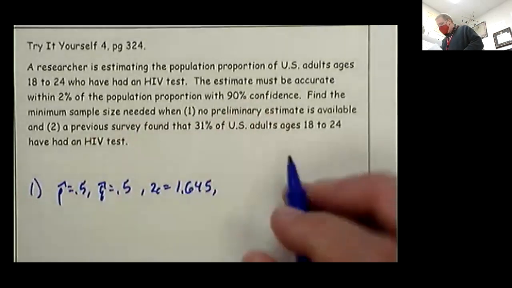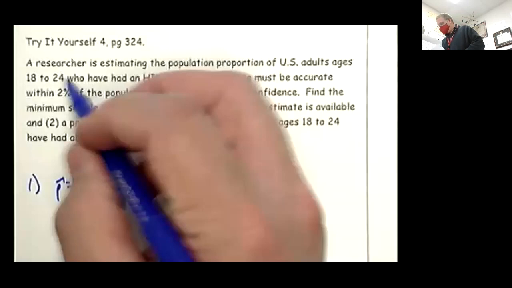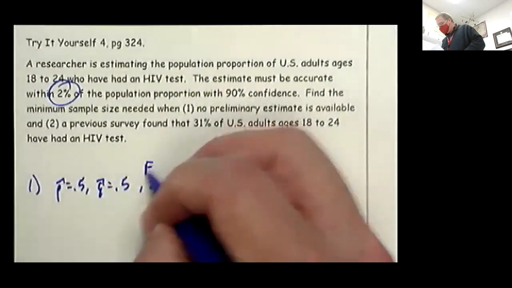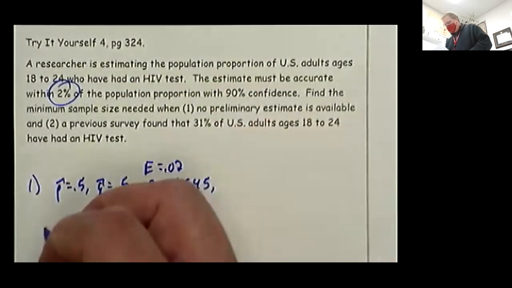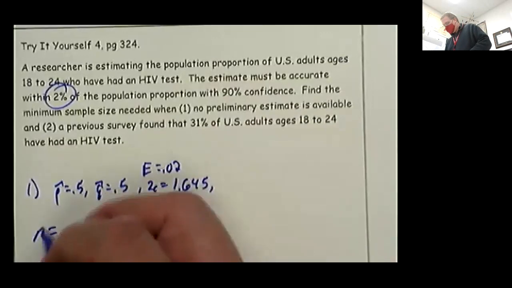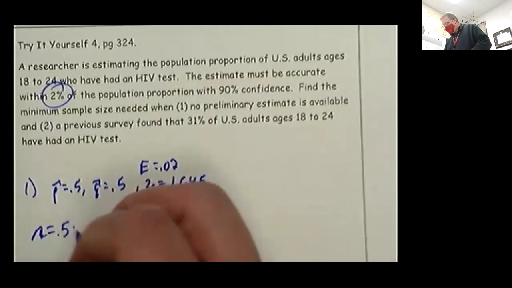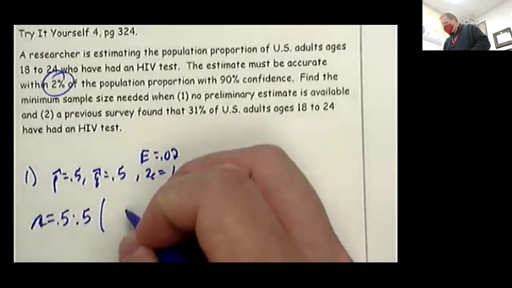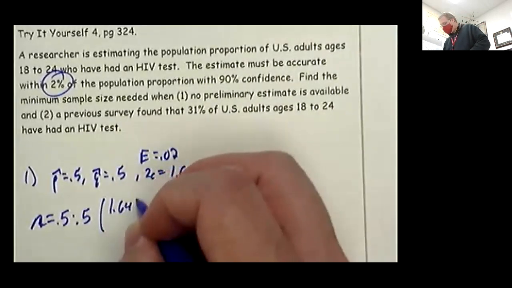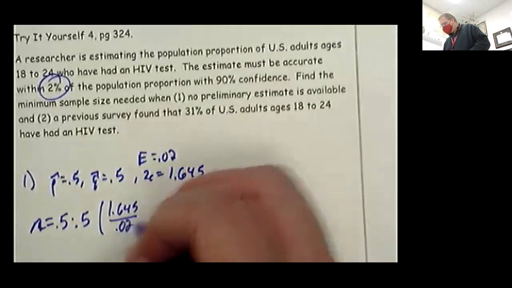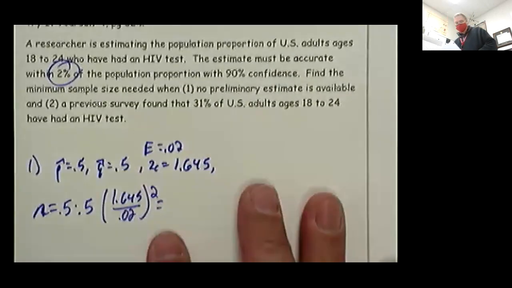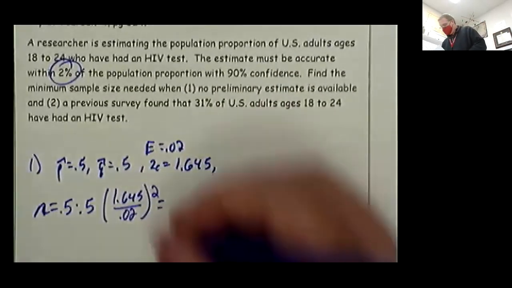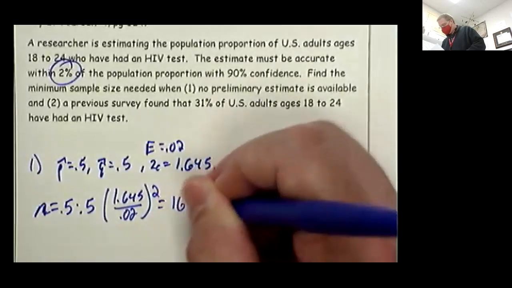And we need our error. We're within 2%, so E is 0.02. Therefore, n is 0.5 times 0.5 times the quantity 1.645 divided by 0.02, squared. We're going to type that into our calculator and round up: 1692.